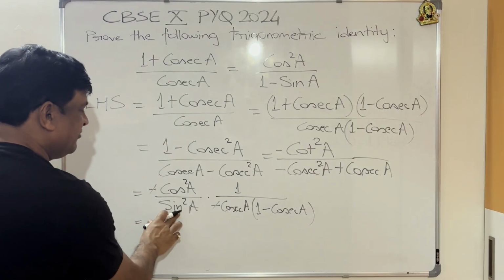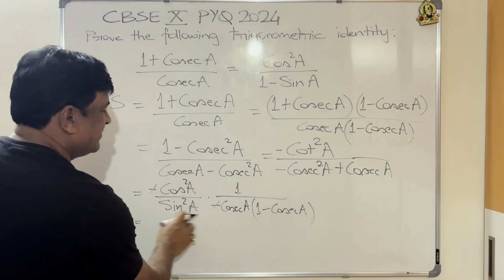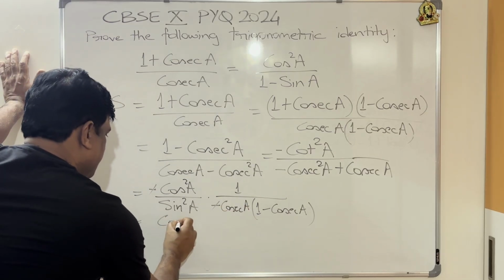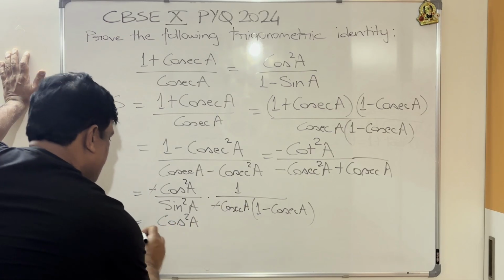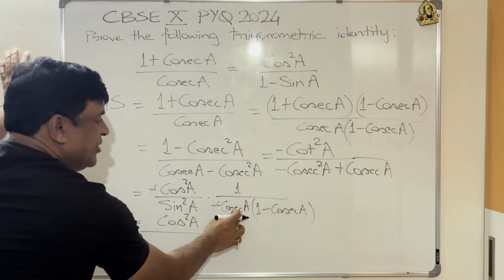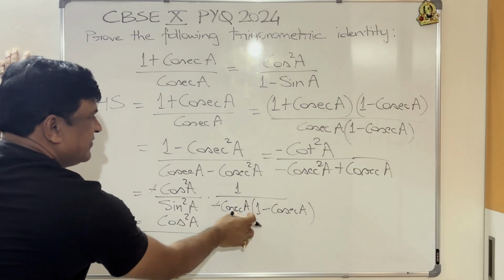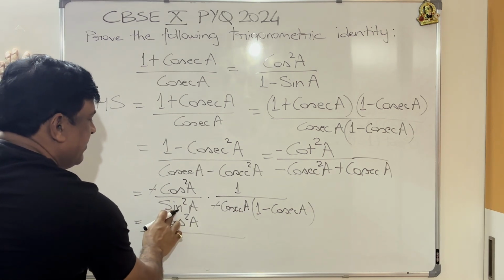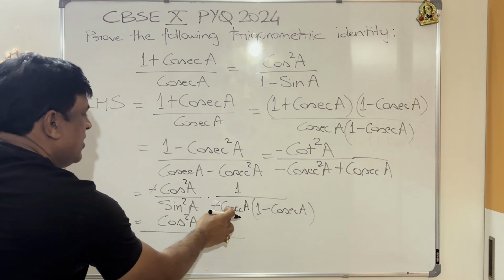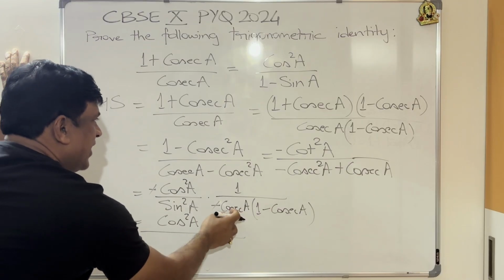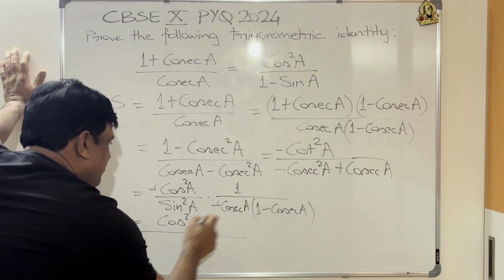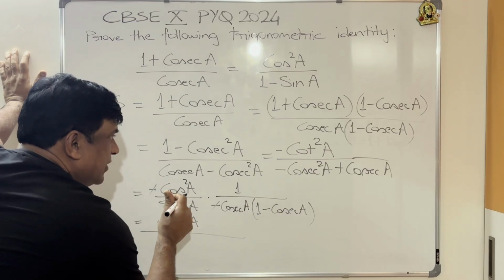I am left with sine square A. When I multiply sine square into cosec, one sine gets cancelled out and you're left with one sine over here.